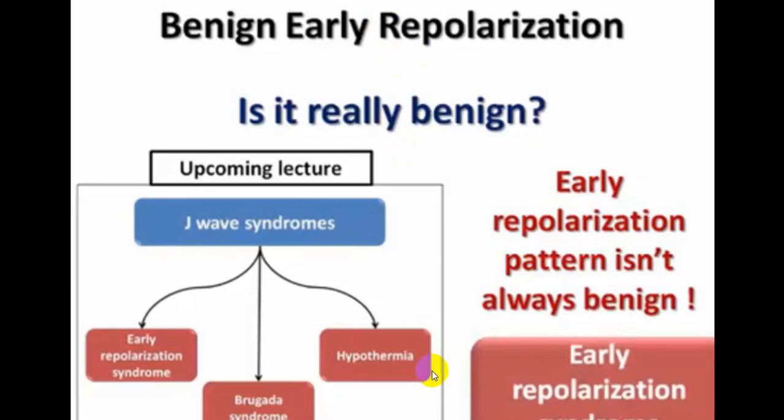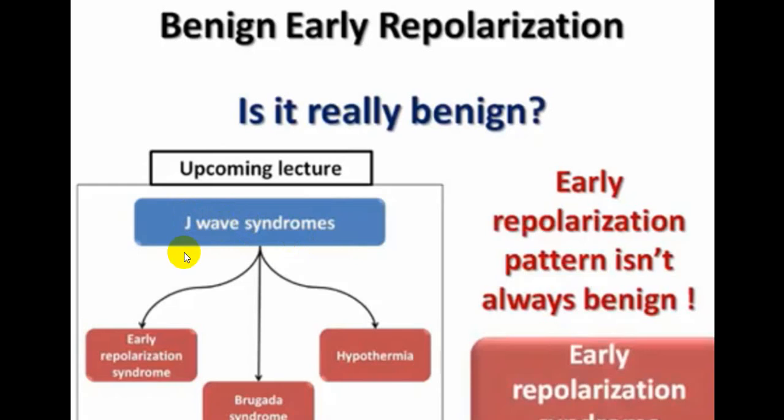Regarding benign early repolarization, always keep in mind, not all are benign. Type 2 and type 3 are lethal. So those we don't call benign, we call them early repolarization syndromes. And together we put them into one group, which we call J-wave syndromes.